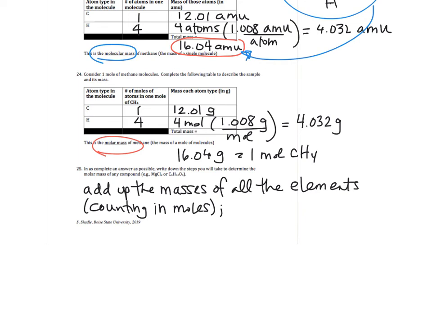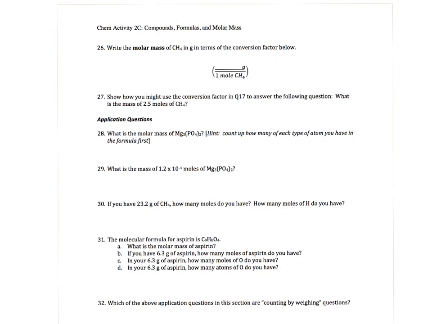And we're going to make sure we account for how many of each there are. So if there were 2 chlorines, we have to take that into account, just like we had 4 hydrogens here. We need to take account of the numbers in the formula. Ultimately, what we're doing is adding things up. We'll do one example of that in just a minute.